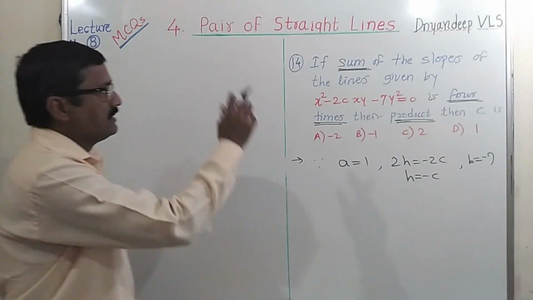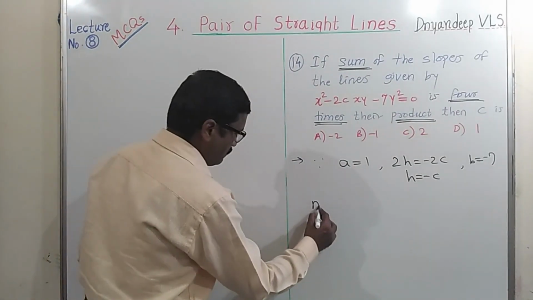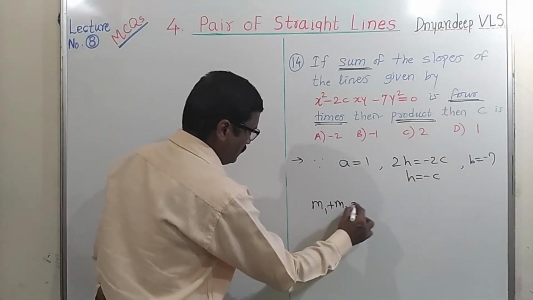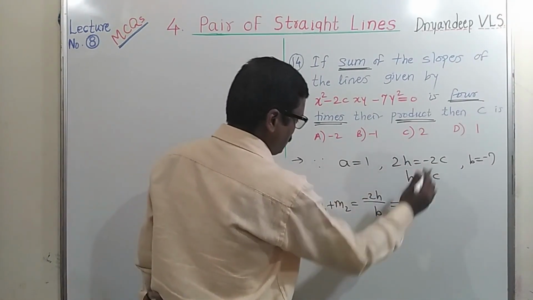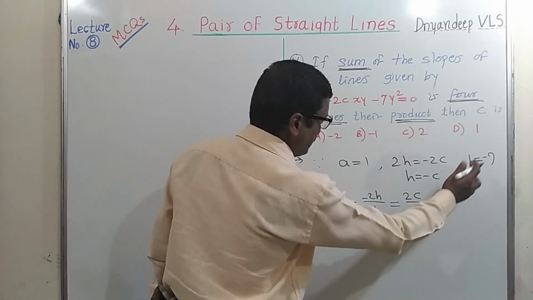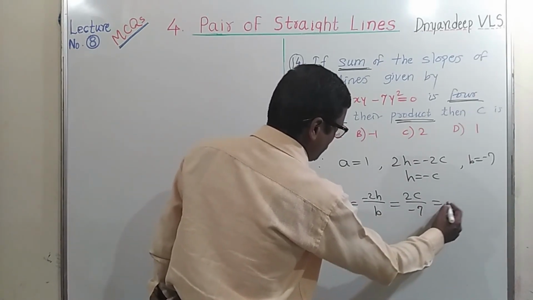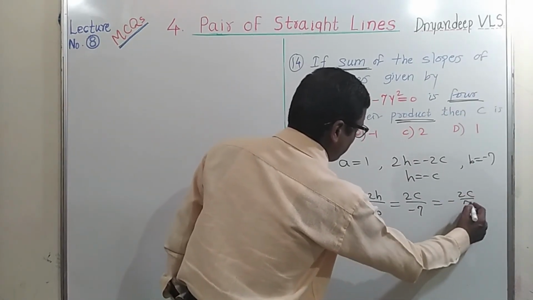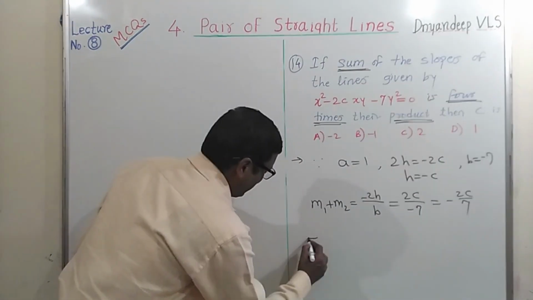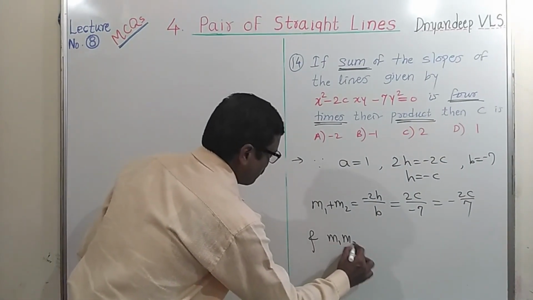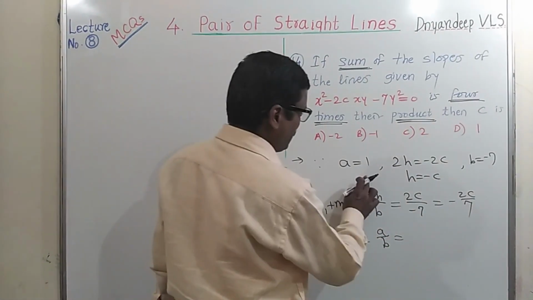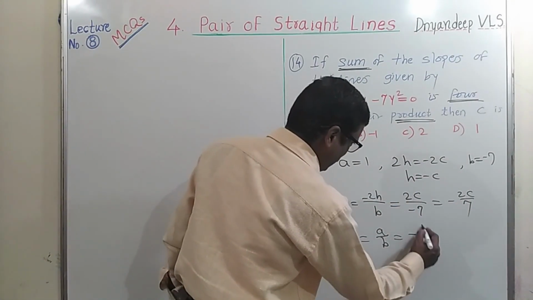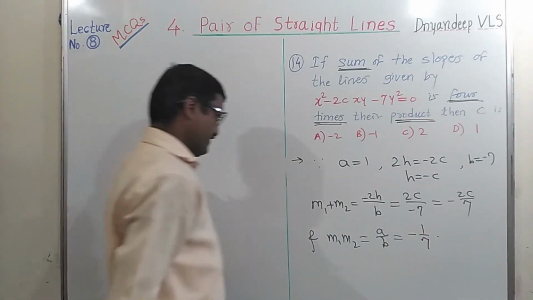Okay, then the sum of the slopes is m1 plus m2 is equal to minus 2h upon b, minus 2h is 2c, upon b is minus 7, so it is minus 2c upon 7, and m1 m2 is equal to a upon b, so a is 1, b is minus 7, so it is minus 1 by 7.